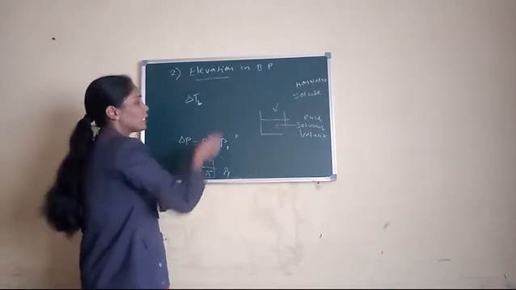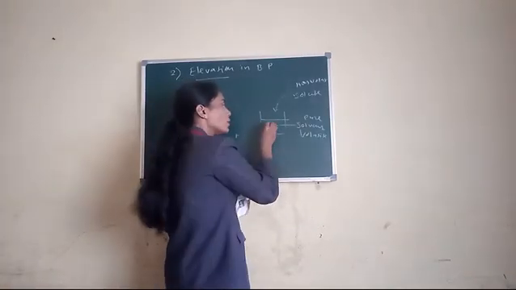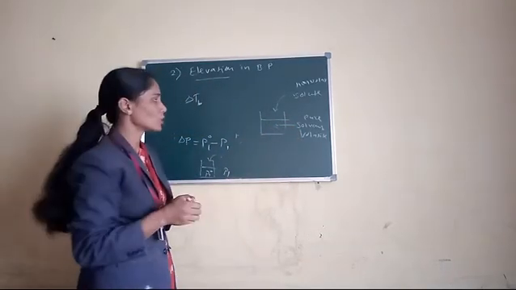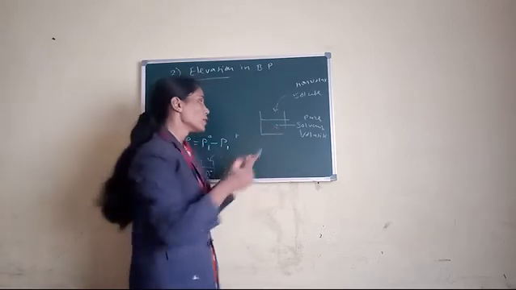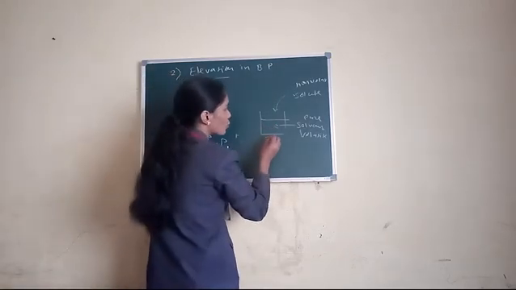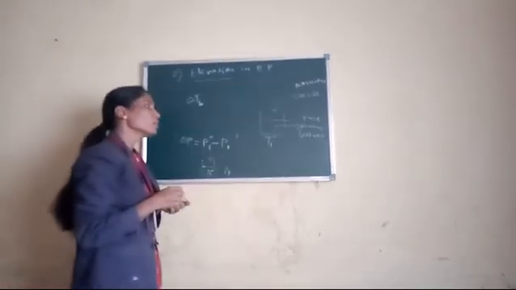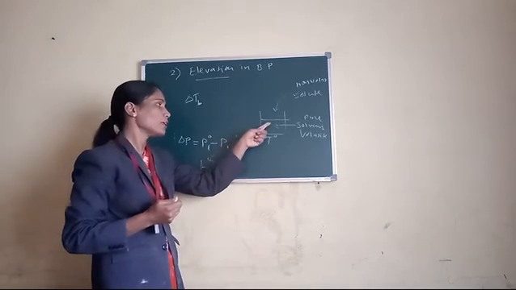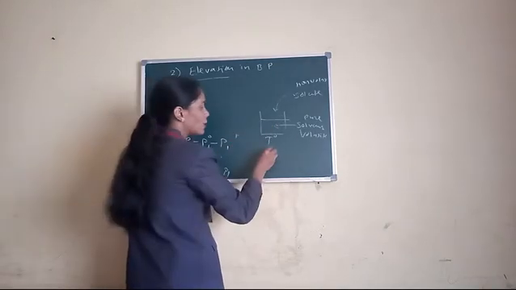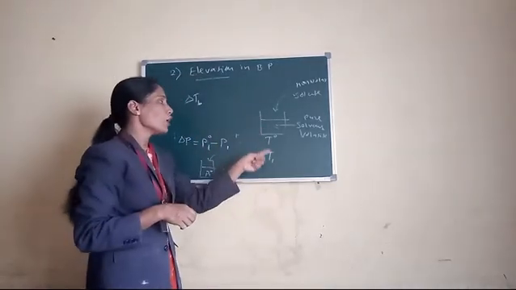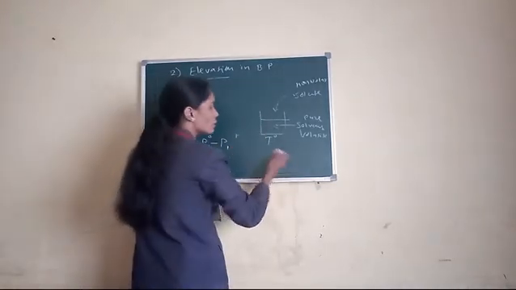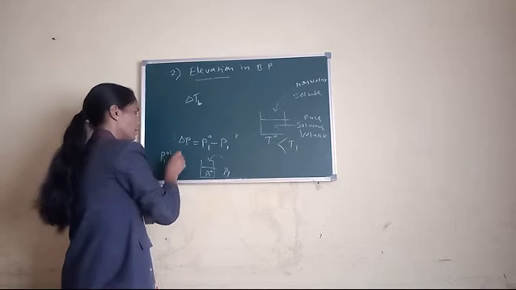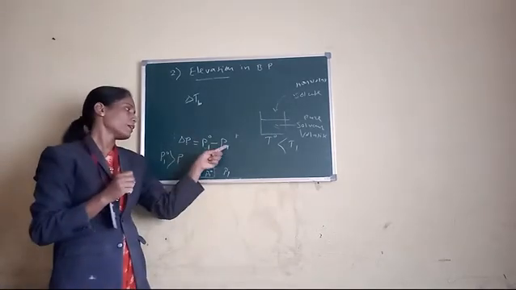Here delta TB means the pure solvent has a lower boiling point, means at low temperature it boils. Therefore T naught is the boiling point of pure solvent, and T is the boiling point of the solution, from which T is greater than T naught. Here P1 naught is greater than P1. Therefore P1 naught minus P1.